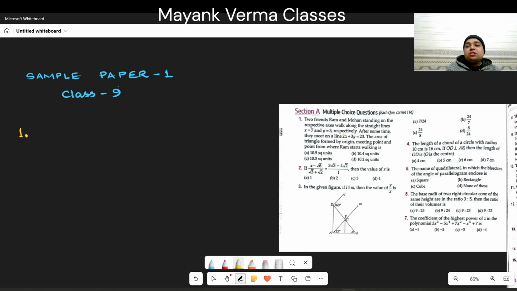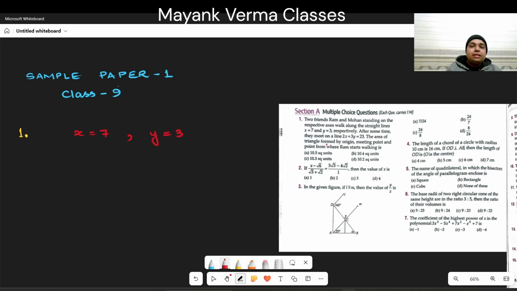So the first question says that two friends Ram and Mohan, standing on the respective axes, walk along the straight lines x = 7 and y = 3 respectively.